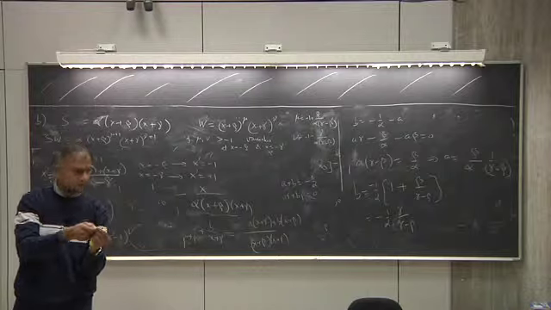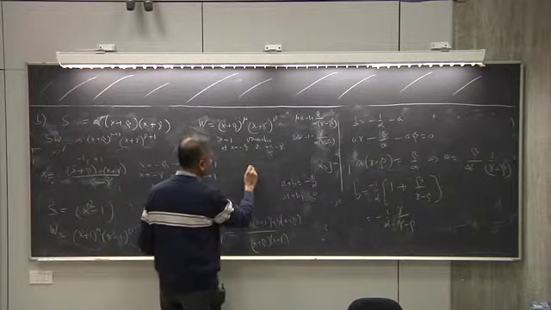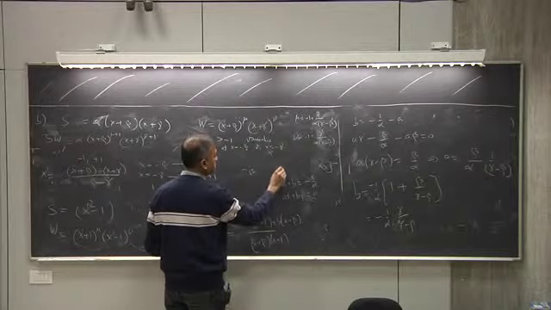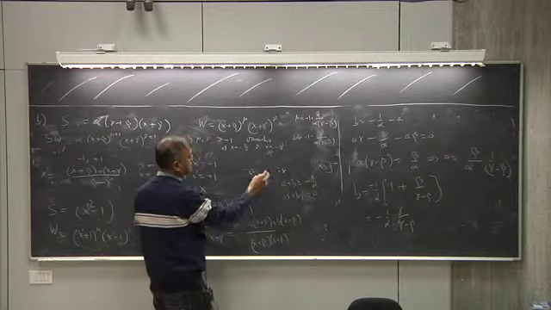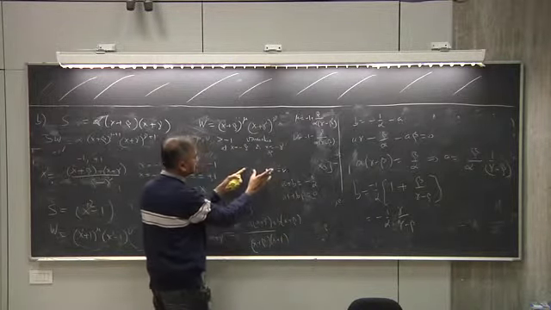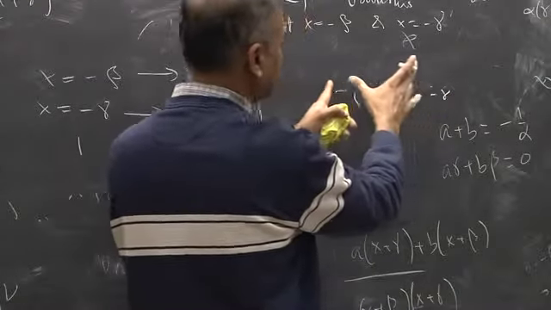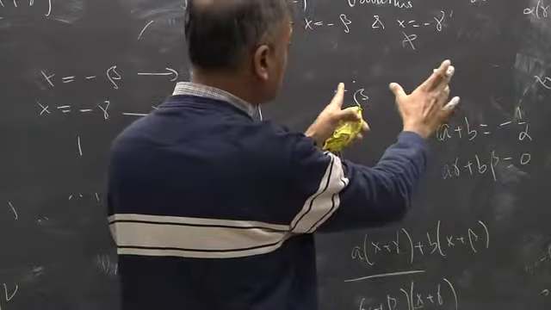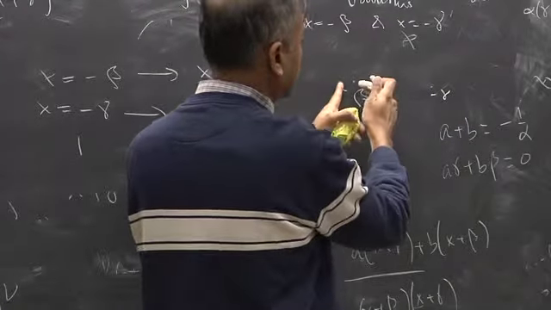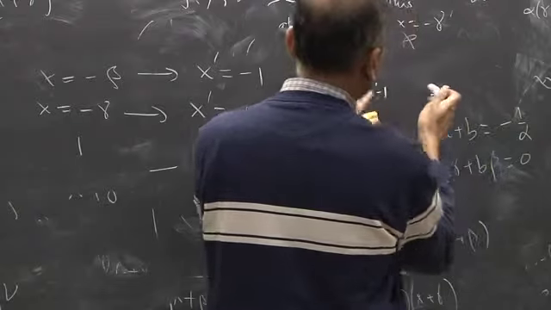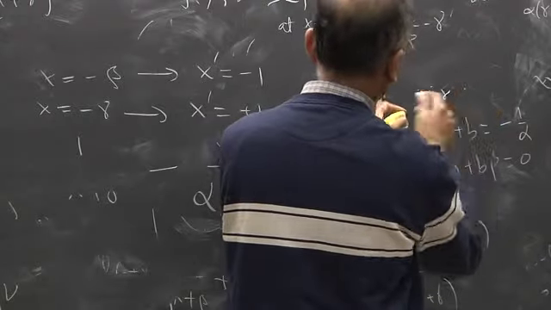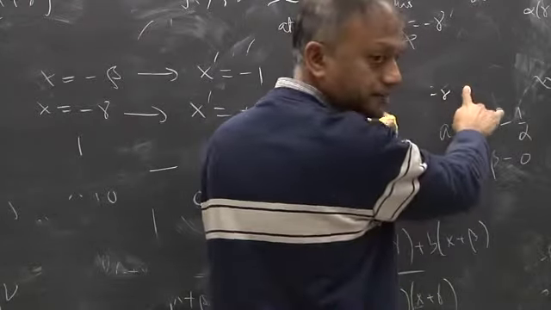So if I'm given an interval, suppose minus beta is here and minus gamma is here, and I want to bring minus beta to minus 1, I can just shift this whole thing by a suitable amount. This point will come there and that point will come there.